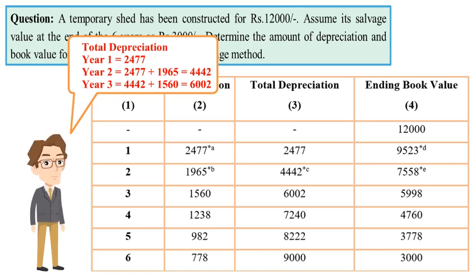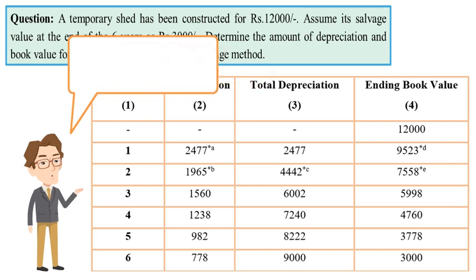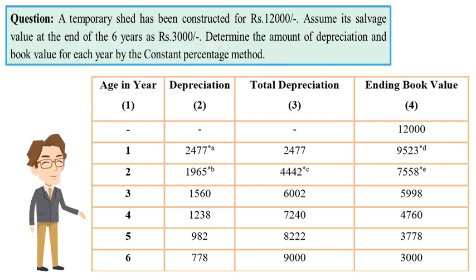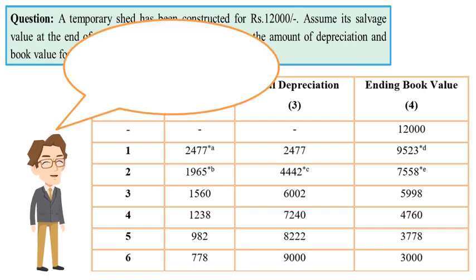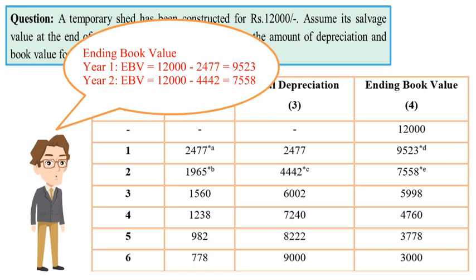The ending book value column shows the remaining value of the asset after accounting for depreciation. It's calculated as follows. Ending book value equals initial value minus total depreciation.